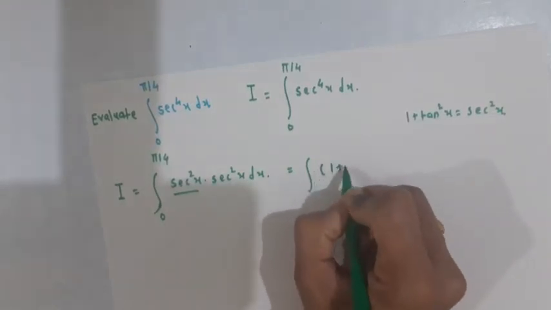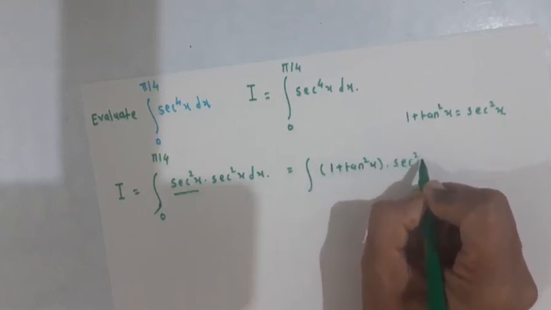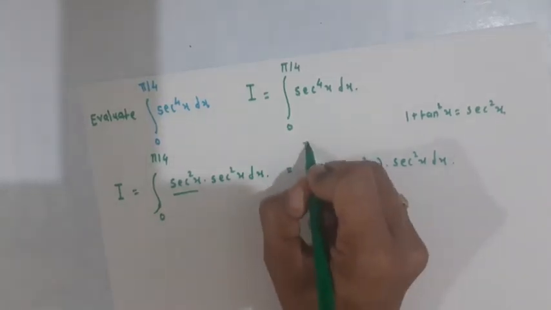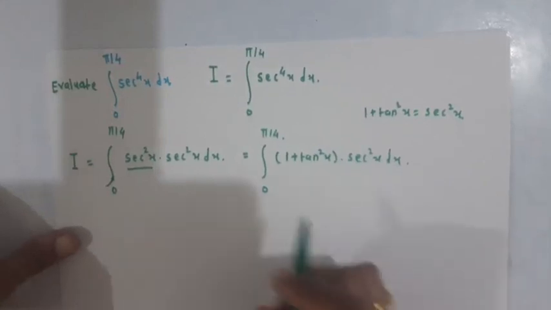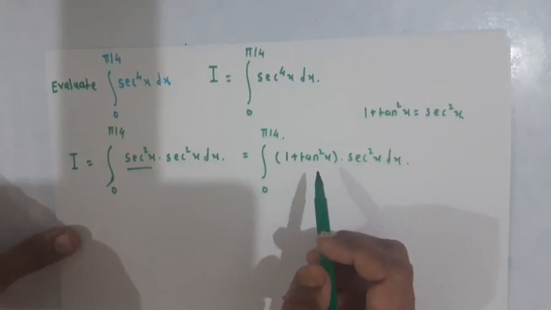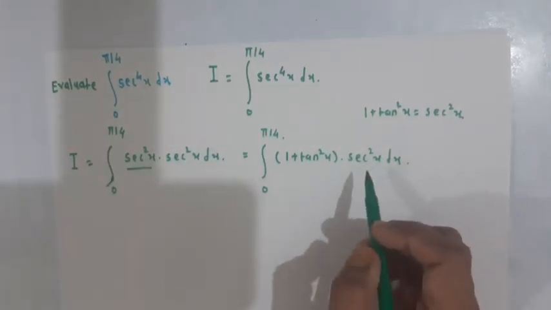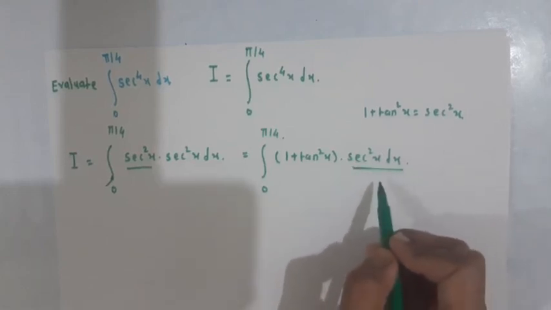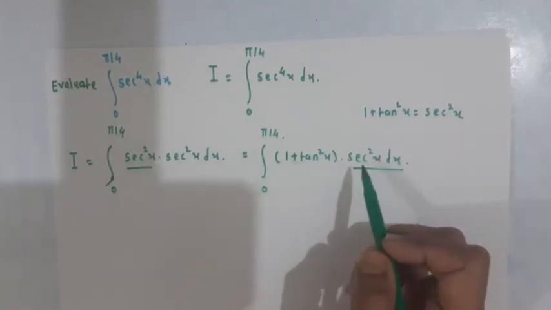So this is the integral of 1 plus tan square x into sec square x with respect to x, limits of integration 0 to pi by 4. By using such a formula we have simplified the problem. If we substitute for tan x, then sec square x dx equals dt, and hence our problem gets simplified.